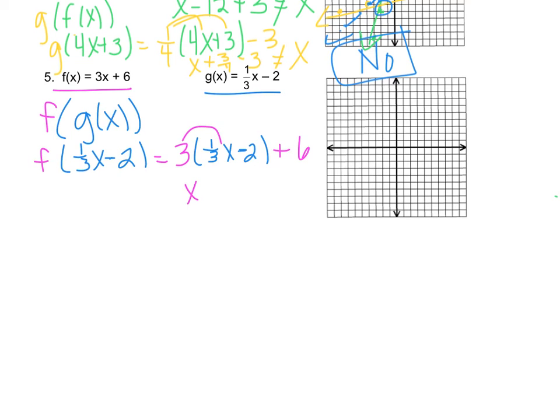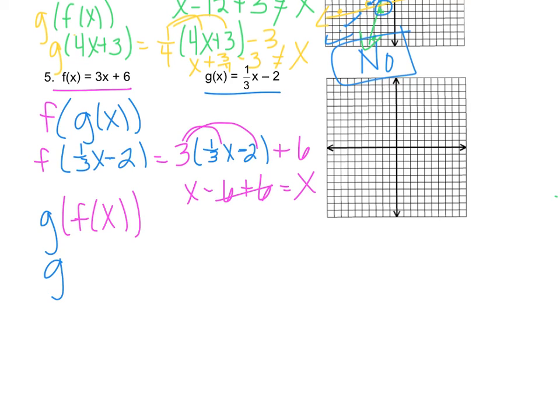So that's just going to be an x. Make sure you distribute the 3 to the 2, so negative 6 plus 6, which those cancel, and it equals x. Have to make sure the other part works. So g of f of x, so my input is f of x this time, which is 3x plus 6.